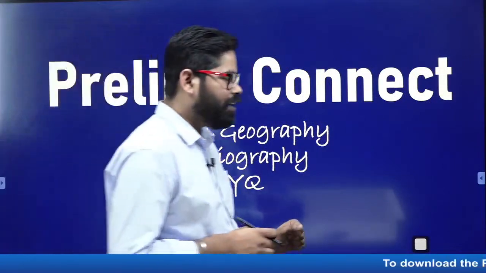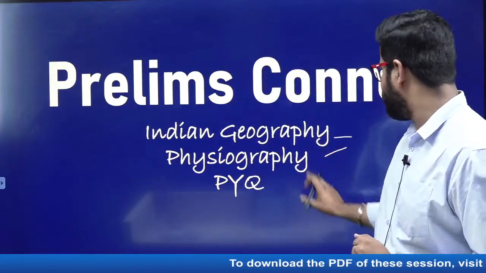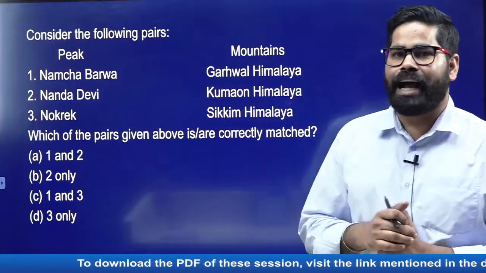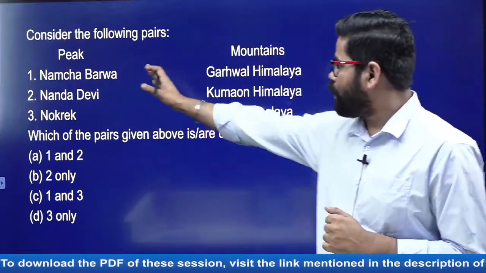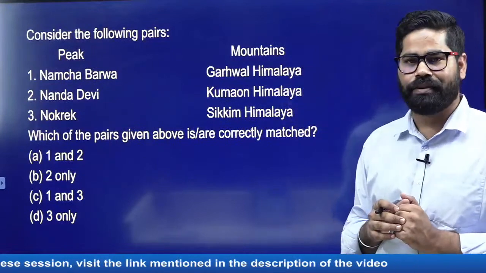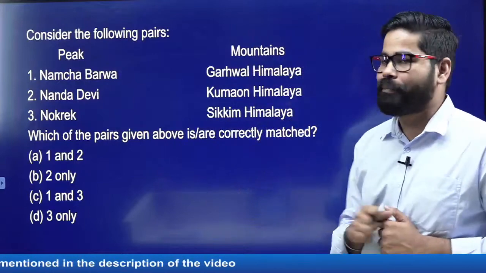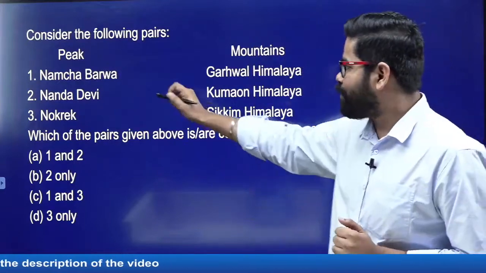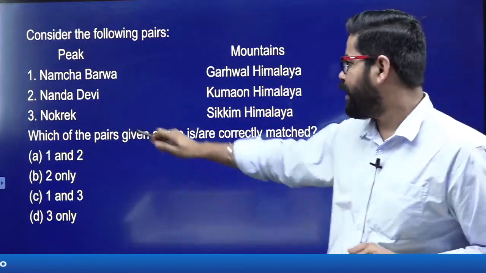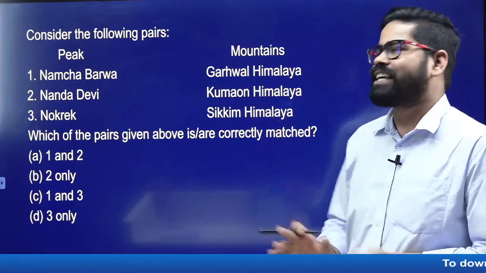The first question for today is on peaks and mountains. On one hand we have the peaks and on the other hand the mountain ranges, and you have to tell which of the pairs are correctly matched. First, Namcha Baba, Garhwal Himalayas; then Nanda Devi, Kumaon Himalayas; Nokrek, Sikkim Himalaya.